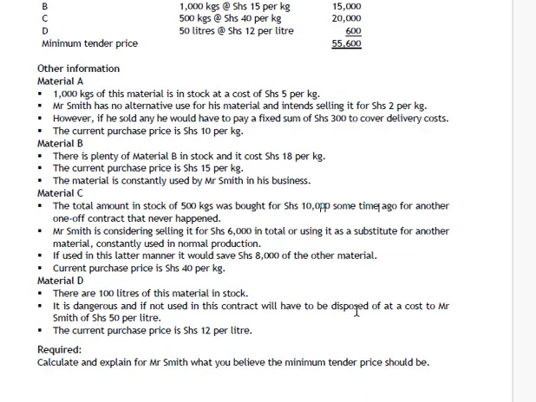Material D. There are 100 liters of this material in stock. It is dangerous, and if not used in this contract, it will have to be disposed of at a cost to Mr. Smith of shillings 50 per liter.